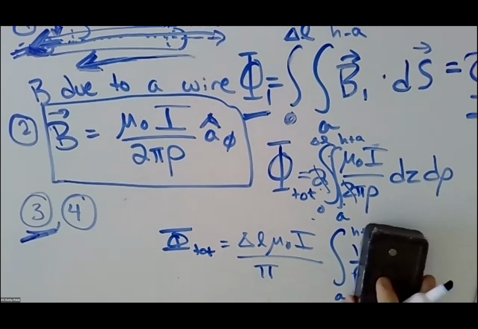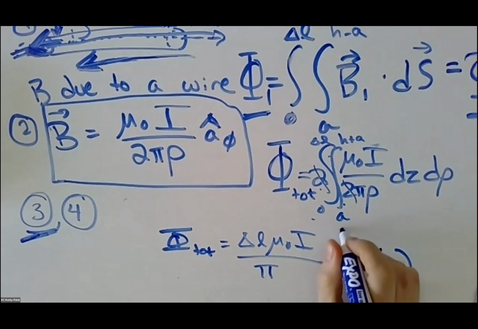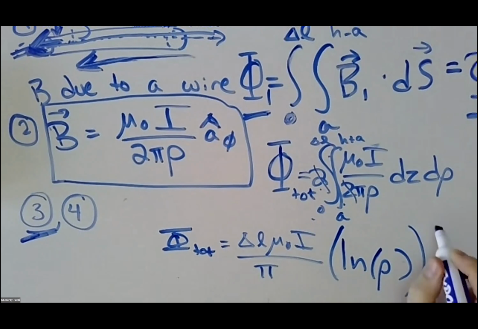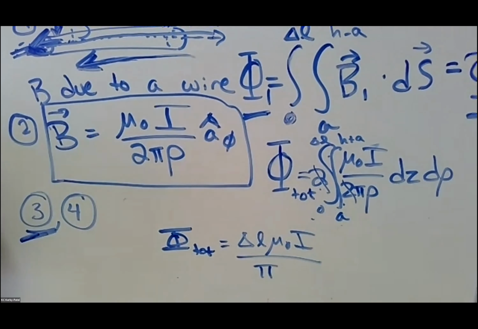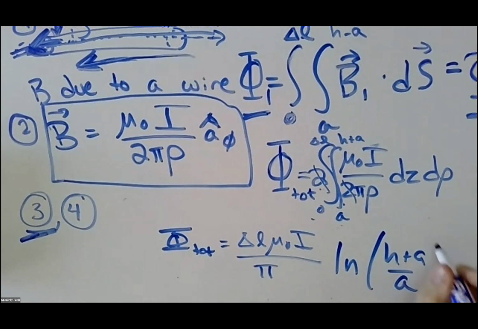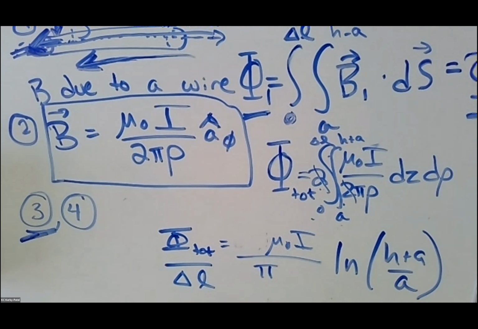So that turns into ln of rho evaluated from A to H plus A, which turns into, I love whiteboards, ln of (H plus A) over A, the end. And I wanted the flux per unit length. So I take my delta L and I put it over here, flux per unit length.